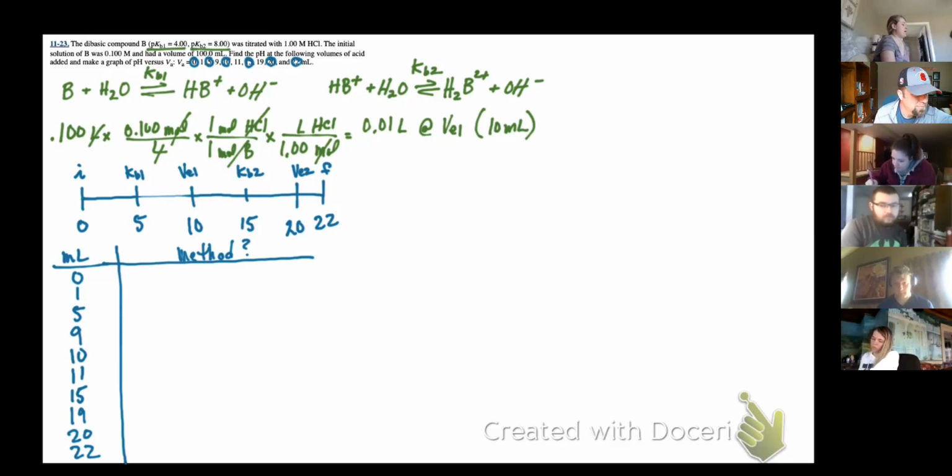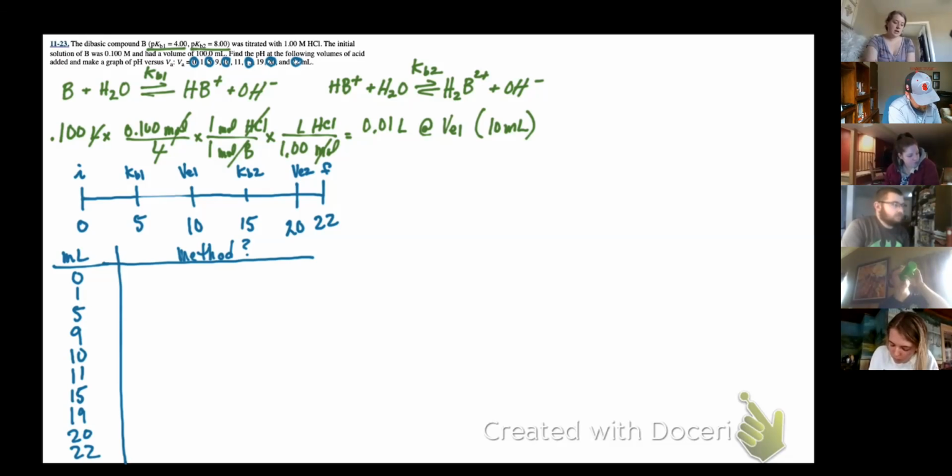Sounds great. So I had 0. I'm so nervous about this, and I'm unsure why. Okay. So I started by making a rice table. I did H2O plus B, the one that you have up right now, for KB1. Then I did 0.01 as my starting of B, and then 0 for BH plus and OH minus.